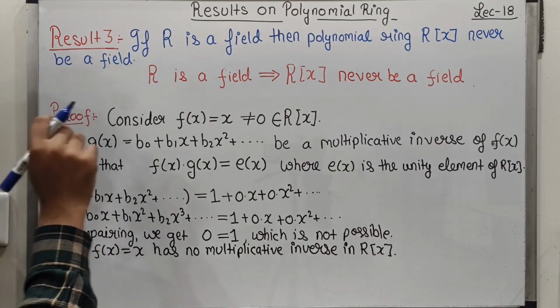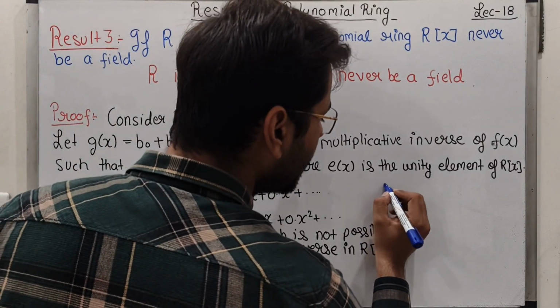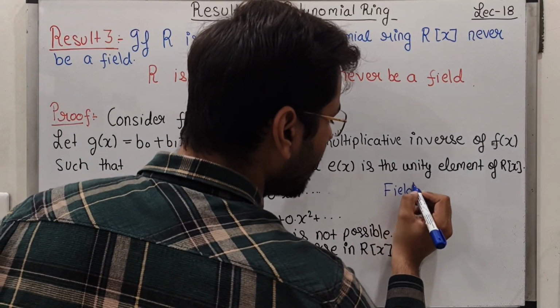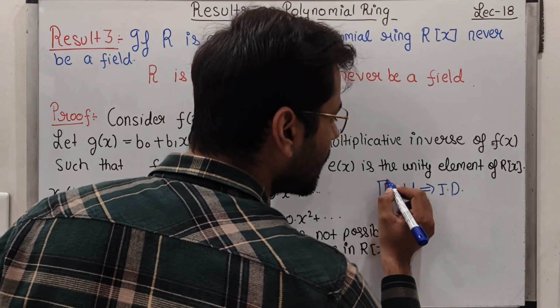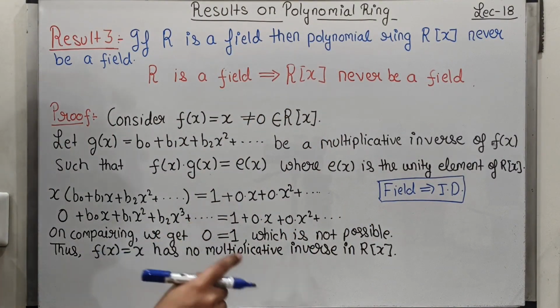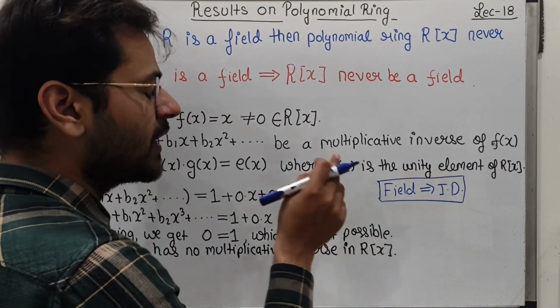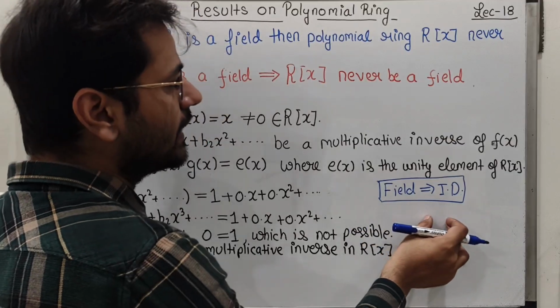But we have learned in previous lectures that field implies integral domain. If you have not learned this theorem, I recommend you go to the description box, follow the link and see this lecture, because there I have explained that every field is an integral domain.